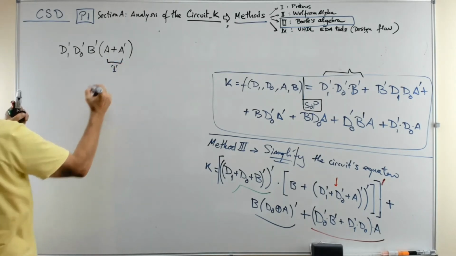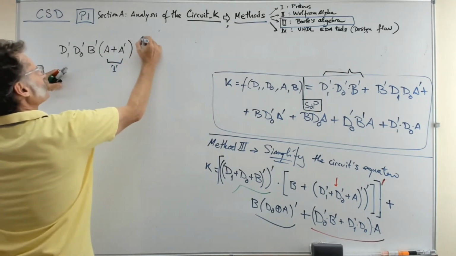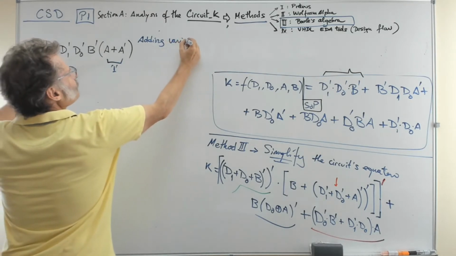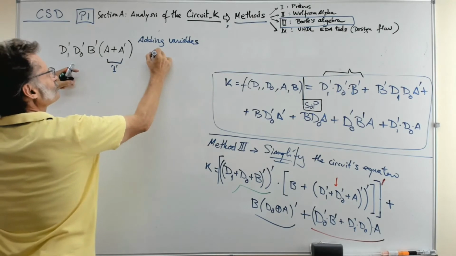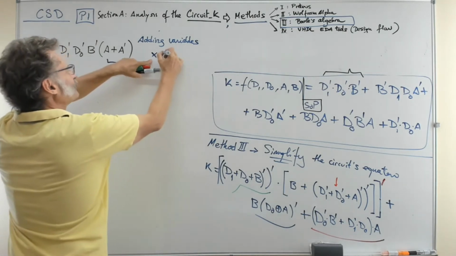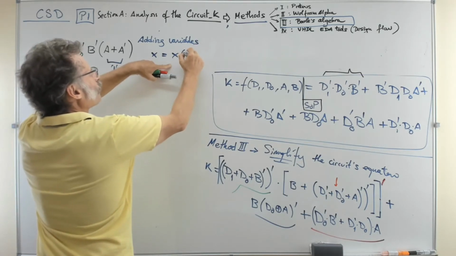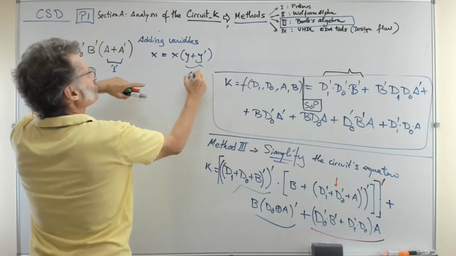This is all the time a 1, so it has no meaning here. So the idea of adding the missing variables is as simple as imagining that you have x the same as x, y, or y not, because this is a 1 all the time, right?